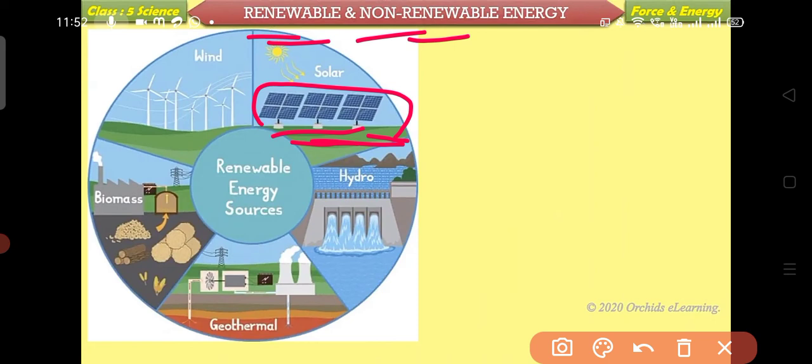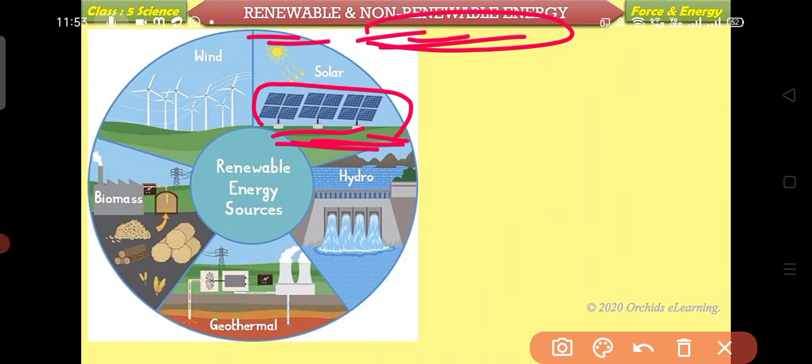Once these fuels or resources disappear from the earth, we cannot renew them. So coal, petroleum, diesel, and kerosene are said to be non-renewable energy sources, because once they are completed or disappear from the earth, we cannot add them back into the earth.